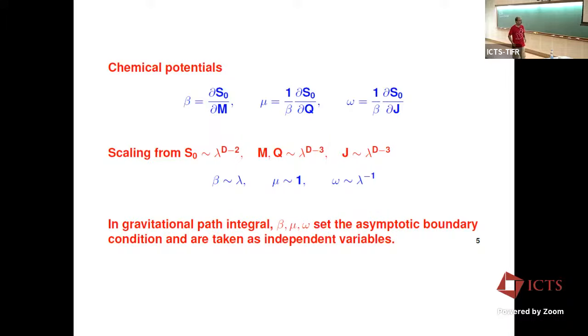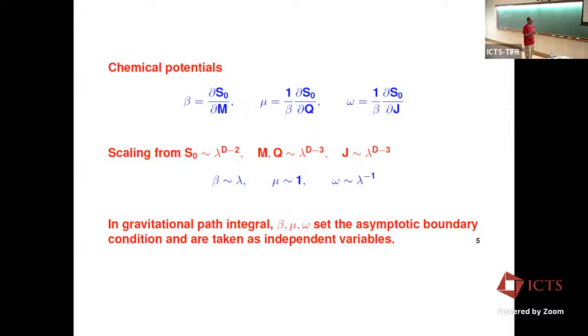Now, it will also be important for us to introduce the chemical potentials. So we define the inverse temperature beta, the chemical potential corresponding to the charges, and the chemical potential for the angular momentum, which is also known as the angular velocity, in this fashion. We should keep in mind that because q and J have multiple components, in general mu and omega also have multiple components.